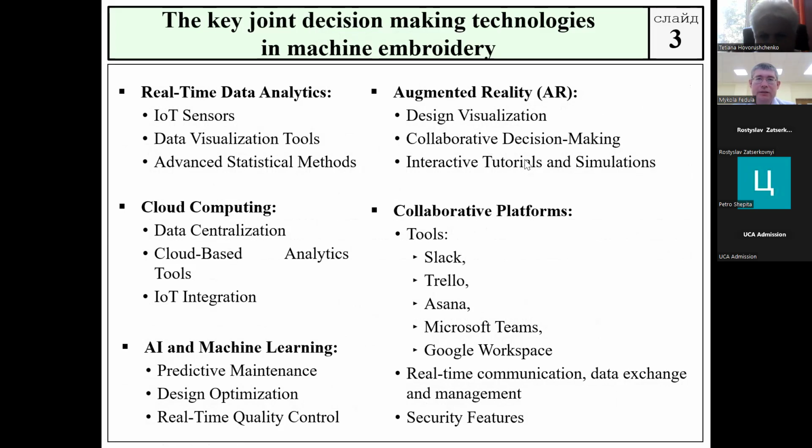The key joint decision-making technologies in machine embroidery are the next: real-time data analytics, IoT sensors, data visualization tools, advanced statistical methods, cloud computing, data centralization, cloud-based analytic tools, IoT integration.